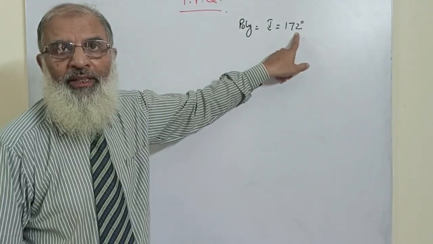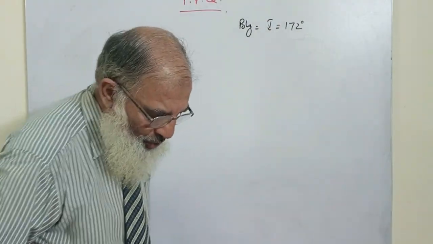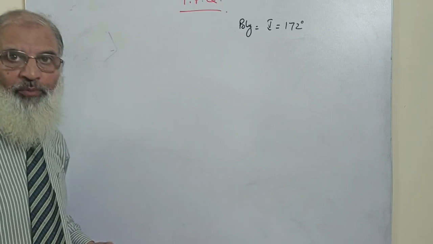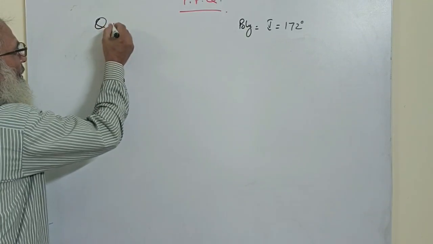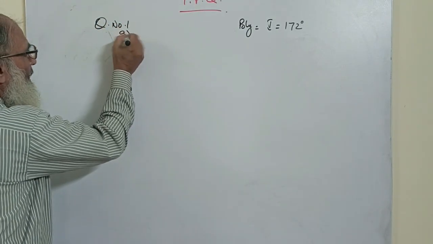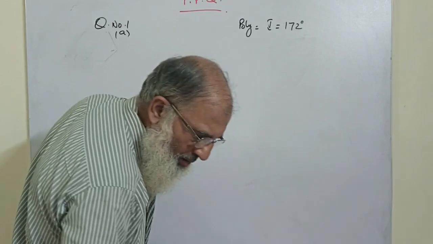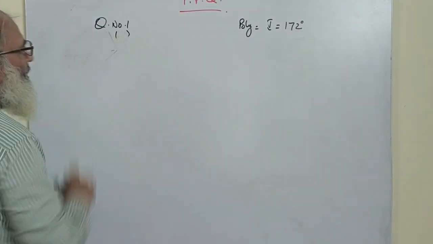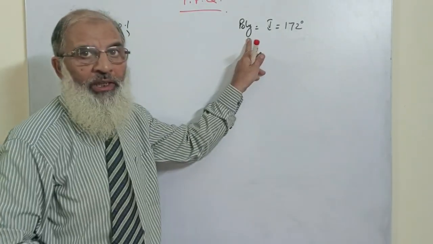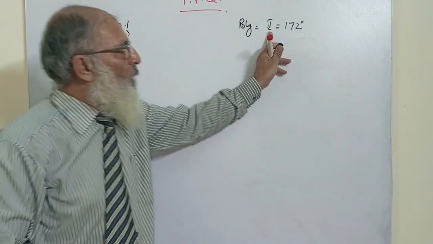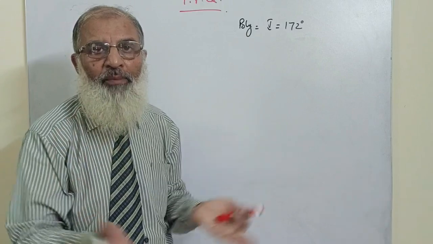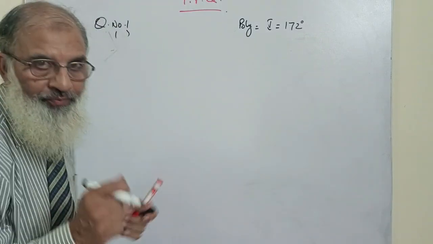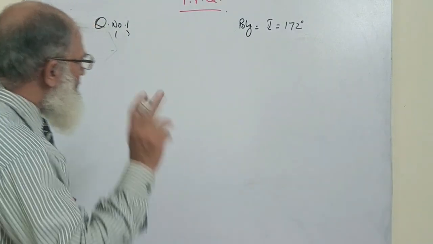Find the number of sides of the polygon. So a polygon having one interior angle equal to 172, and we have to find the number of sides in that polygon. Understand my point?